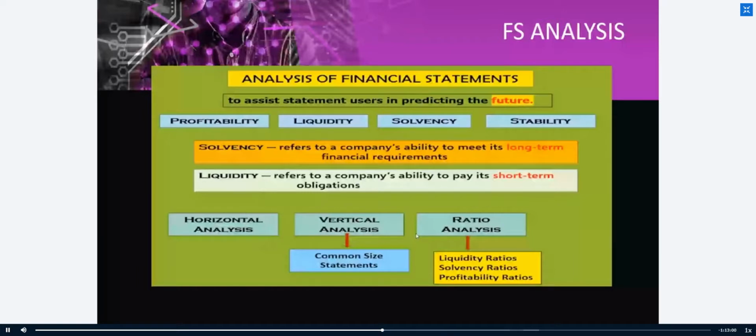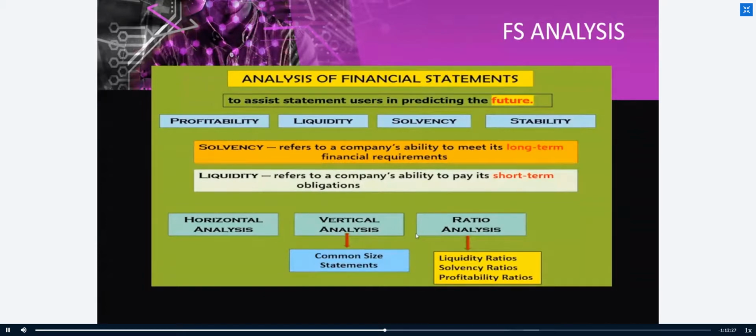So in analyzing your financial statements, you're basically assisting the statement users in predicting the future. As financial managers, we need to make sure that the data available to us are being analyzed so that managers of the organization can decide on different undertakings to pursue in the future.